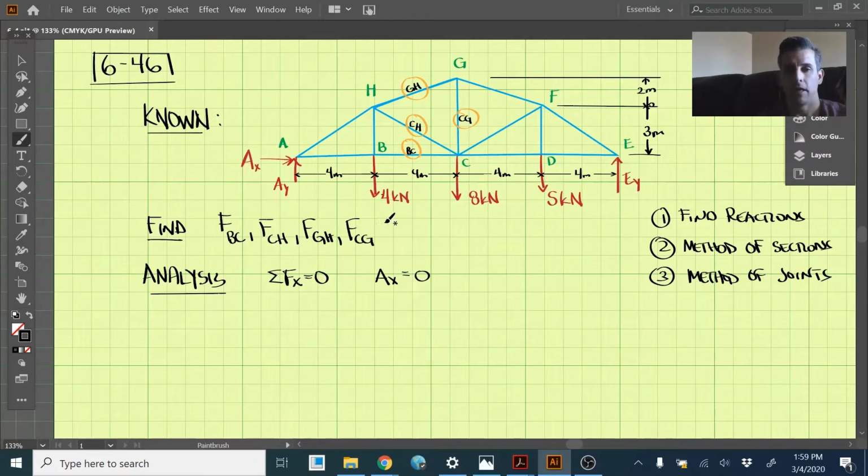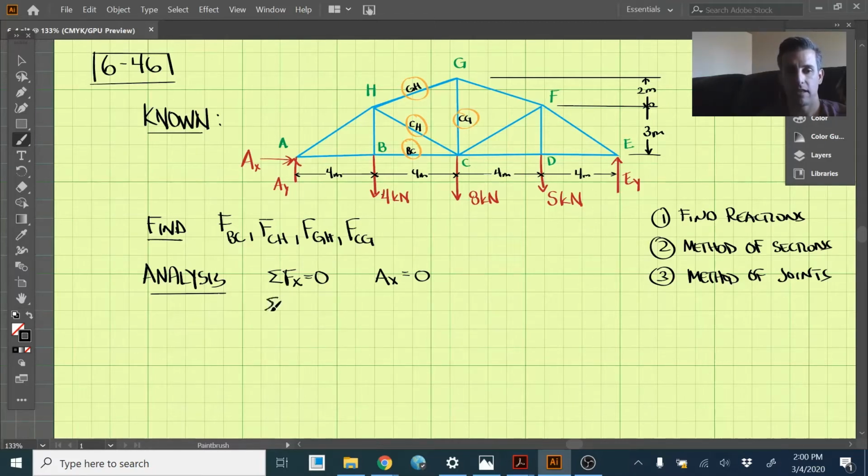All right, now let's work on finding AY here. And to find AY, we can take the moments around E, all right? EY will not contribute to a moment around E because the force is going directly through it. That way we only have one unknown in this equation, AY, and it should make it directly solvable here.